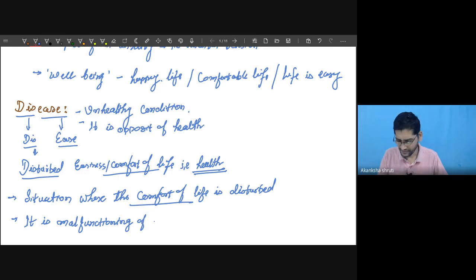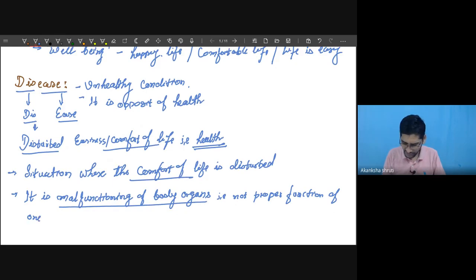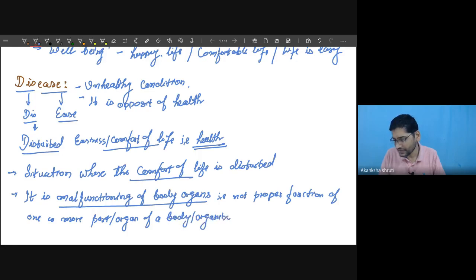Now this malfunctioning of a body organ means not proper functioning of one or more parts or organs of a body or organism. This is called disease.